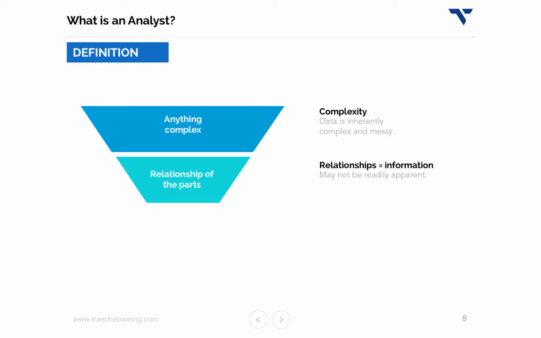Information in this case is the connections or patterns within the data as we discussed before. The last and most refined part of that definition is essential features, which we will call insights. Insights are the essence of the information which is sourced from the overall data.